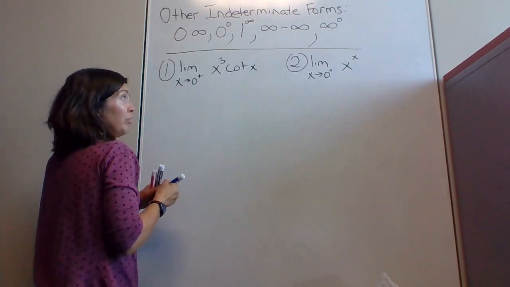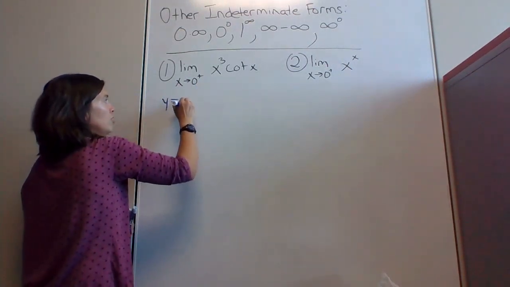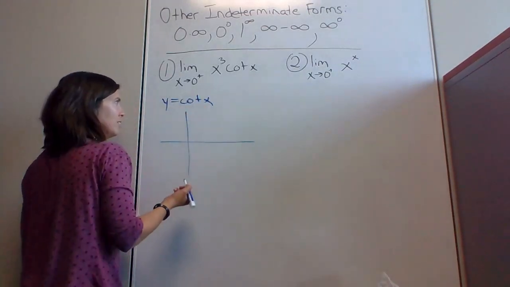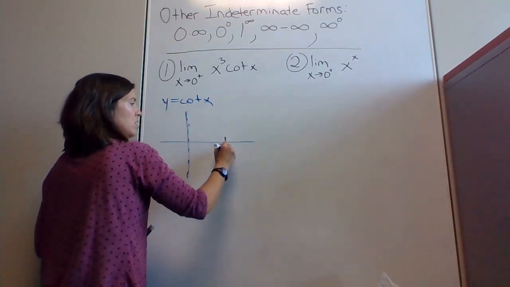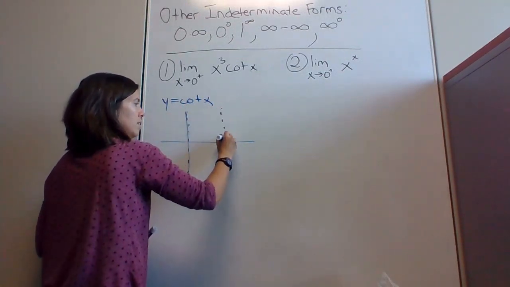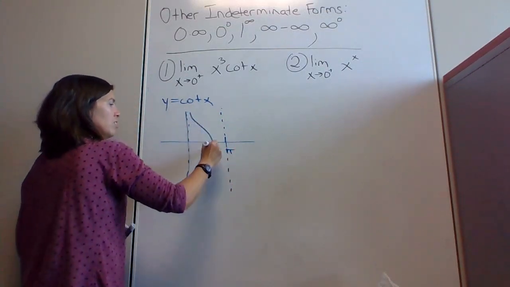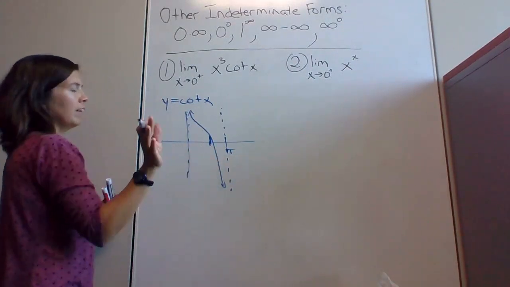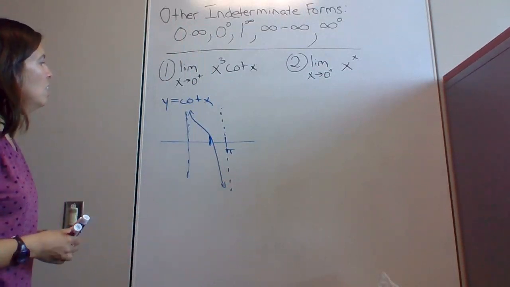So this first limit, it may help if I show you what the graph of cotangent of x looks like. If you've forgotten, you could always type it into Desmos. It's got vertical asymptotes at 0 and another one at pi, and it's a decreasing function. So the graph looks roughly like this, as opposed to the tangent graph, which is an increasing function.